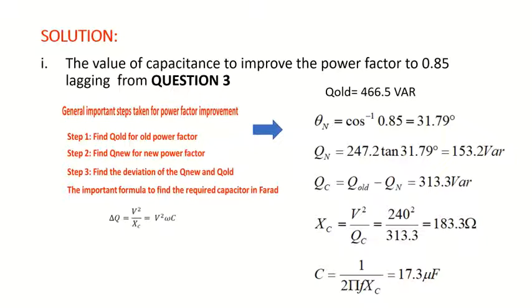From here, your capacitor is 1 over 2 pi f XC. Putting in XC, you finally get the new capacitor you require to put in parallel, which is about 17.3 microfarad, to improve the power factor to 0.85 lagging.